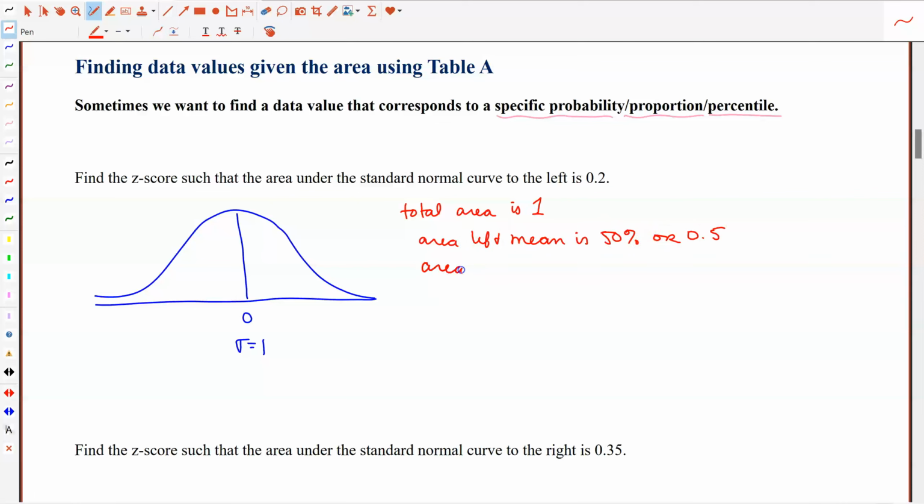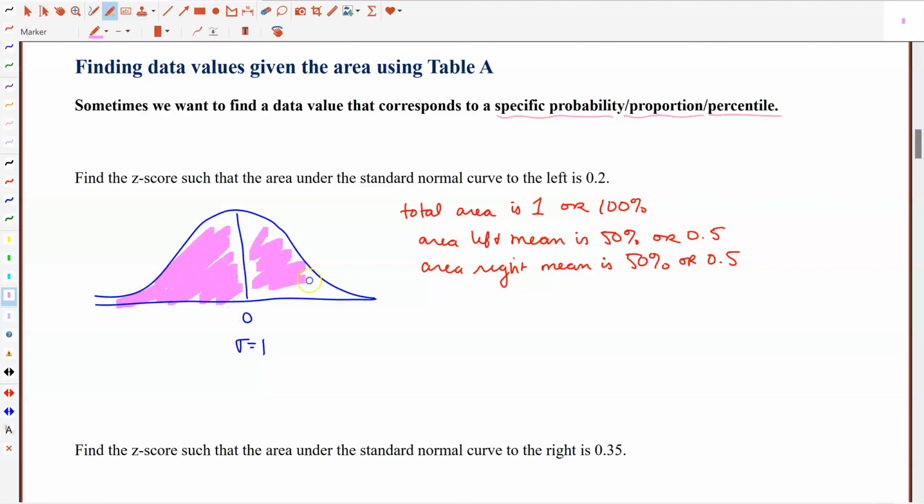The area to the right of the mean is the other 50%, or 0.5 as a decimal, where the total area under the curve is 100%. So with the relationship to this mean marker, half of the area is over here and half of the area is over here.